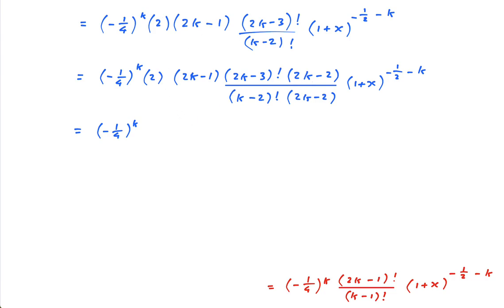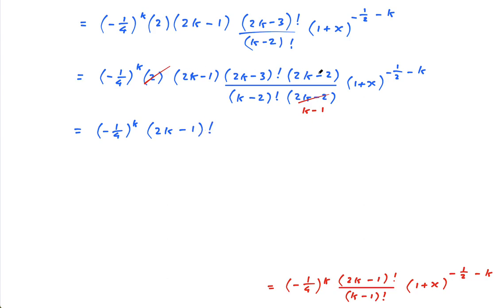So let me actually show you that. I'm going to cancel: 2 goes into that there, and 2 goes into this here, so I'm left with (k − 1). The 2 is gone, and I'm left with (2k − 1) times (2k − 2) times (2k − 3) times (2k − 4), and so on, which is all (2k − 1) factorial.